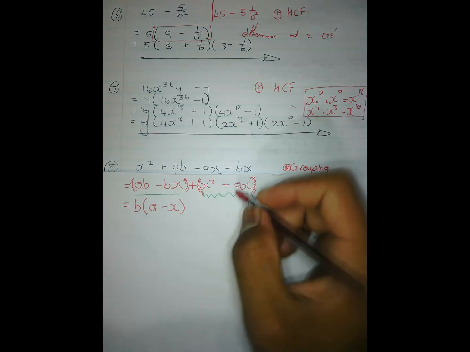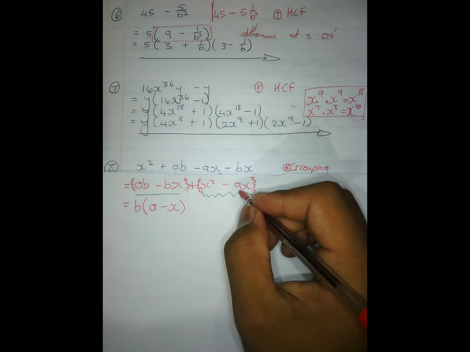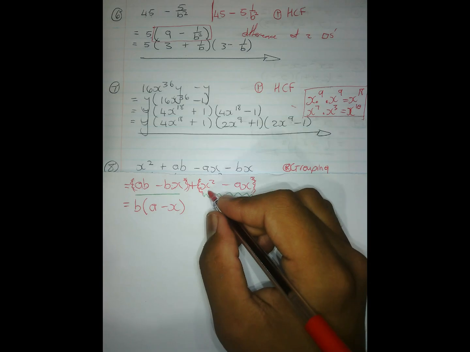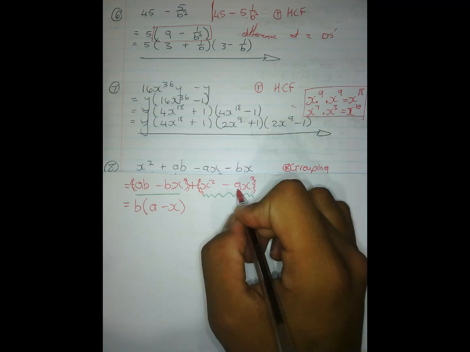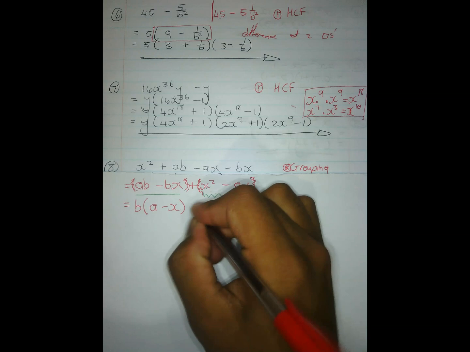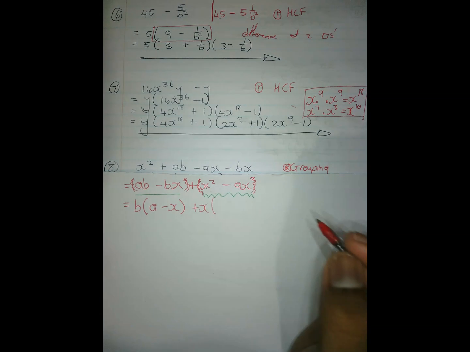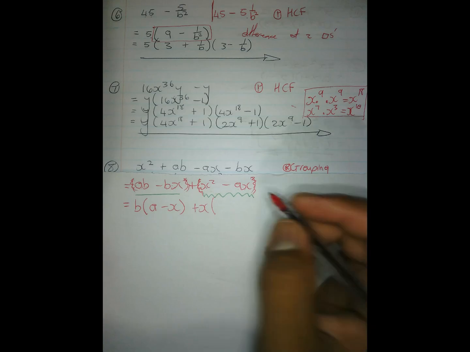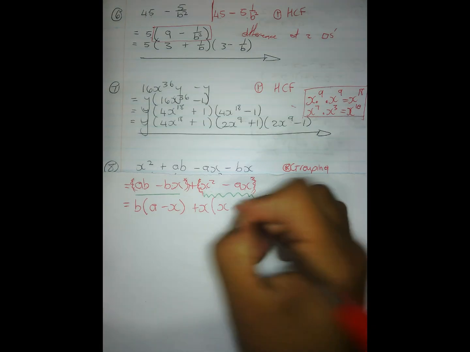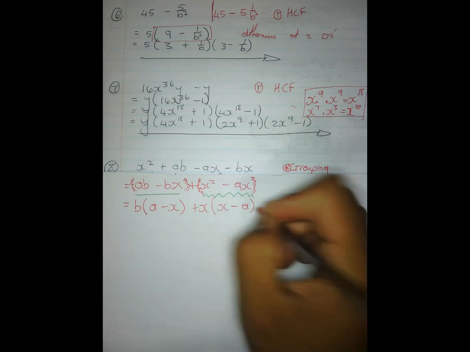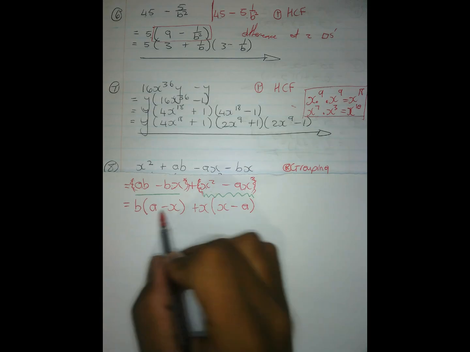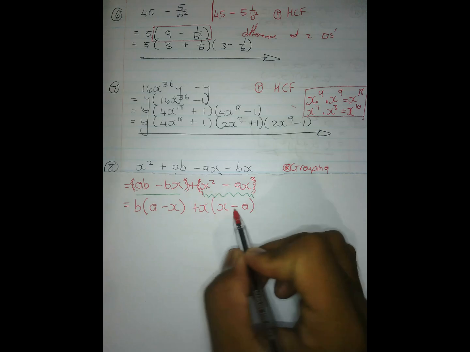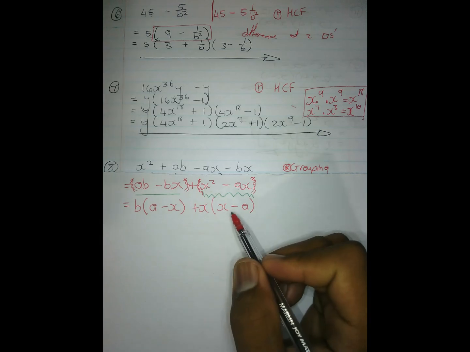Then I'll look at this one. Highest common factor here is an X, because there's an X there and an X there, and there's no A here, but there's an A there. So it's a positive X. I'm left with positive X minus A. So I see here's the A minus X, and there is the X minus A. That's opposite signs to what I want.